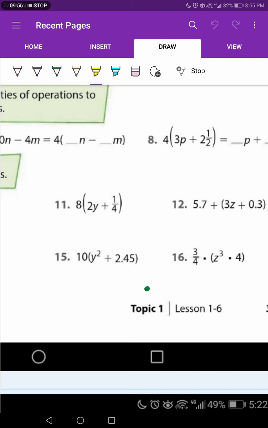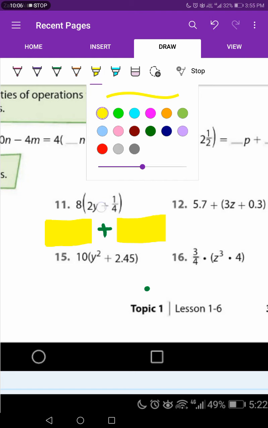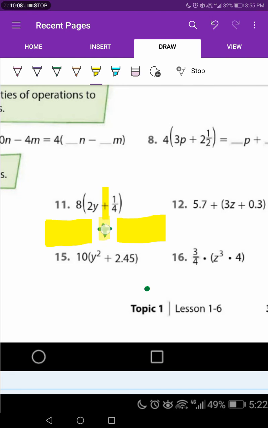Now the rule says I keep the plus here, and I have left and right. Why do I put plus here? Because I have plus here. What is inside the left? 8 multiplied by 2y equals 16y.